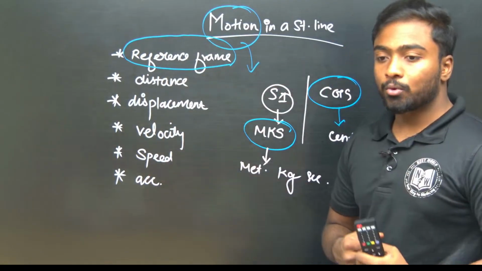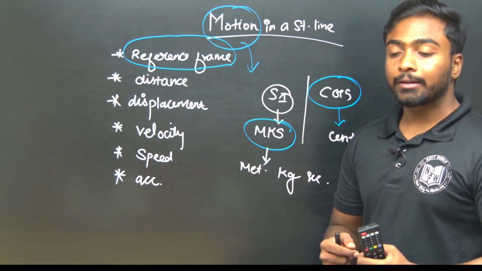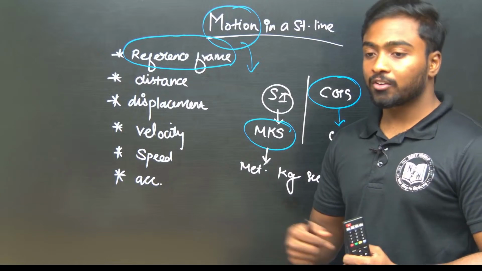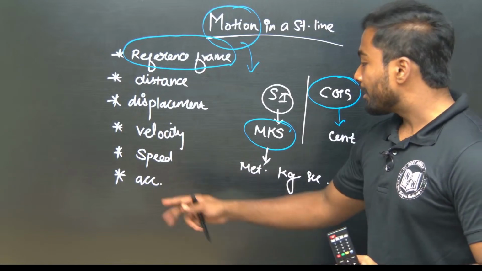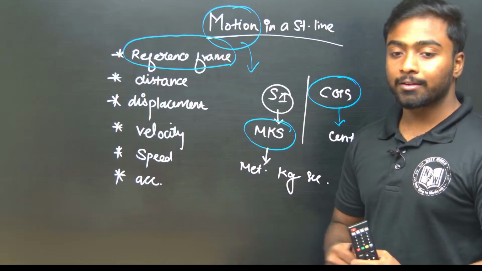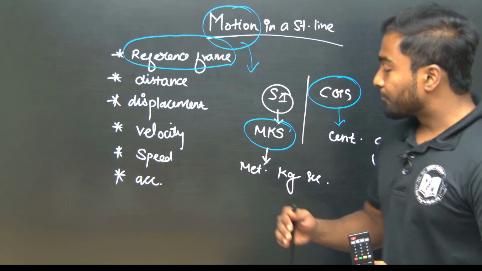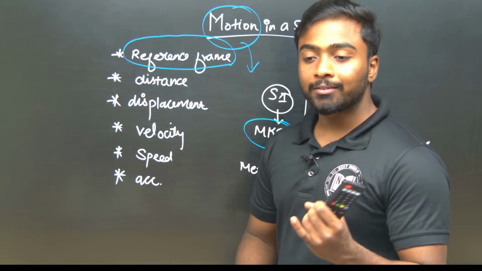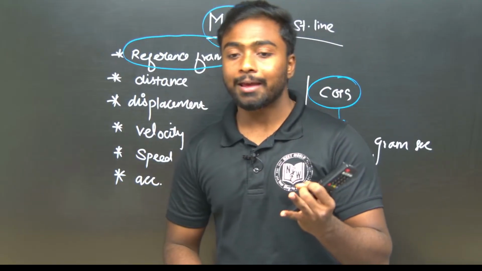And acceleration, one more thing. What is acceleration? Rate of change of velocity with respect to time, and the unit is meter per second square. Apart from this, we have seen two more terms, instantaneous velocity and instantaneous acceleration.